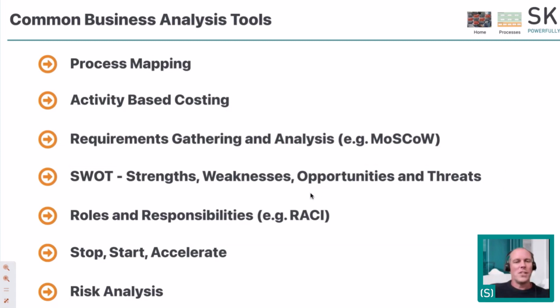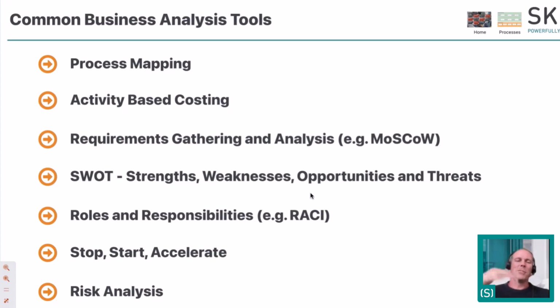Another common tool, which is often used outside of process but does work well inside processes as well, is a SWOT analysis, where we're looking for strengths, weaknesses, opportunities, threats. So again, you could easily do that at a departmental, divisional, business unit, or even full organizational level. You could do it on a product level. But equally, it will work on a process level.